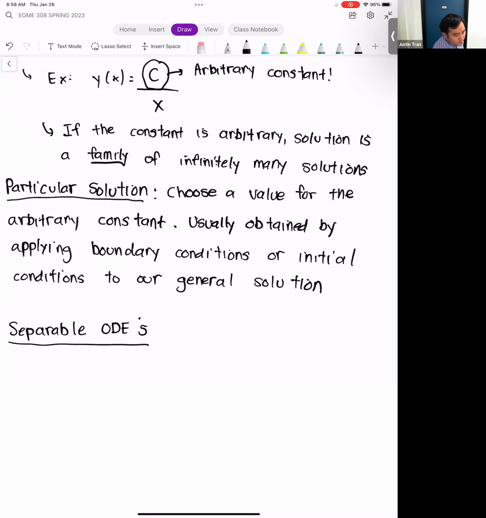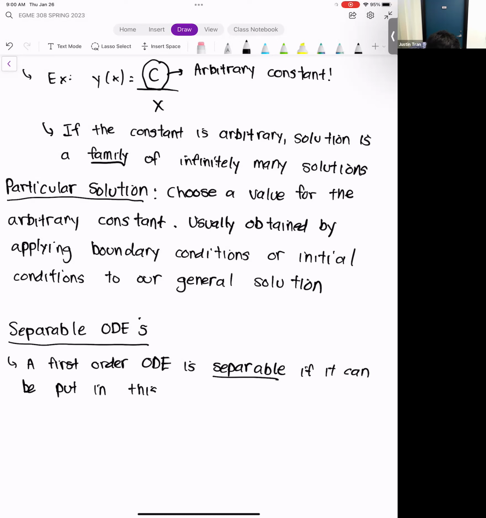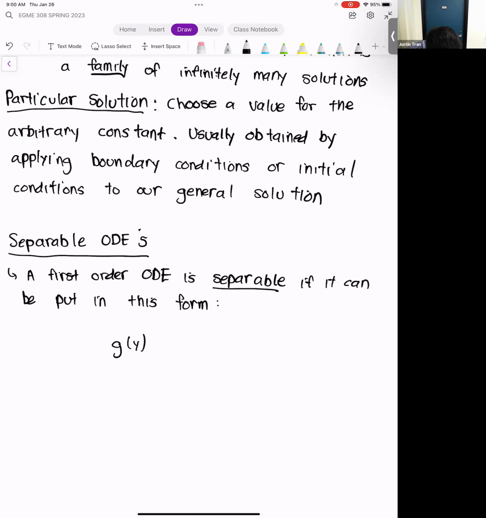First, let's define separable ODE. A first order ODE is called separable if it can be put in this form. This is what we're looking for in a separable ODE.